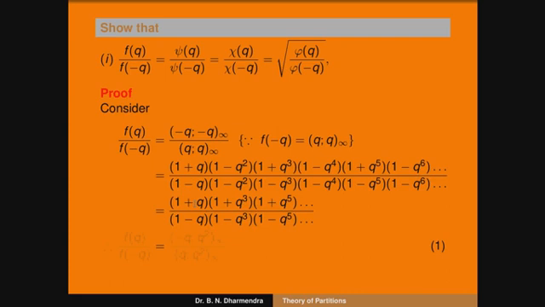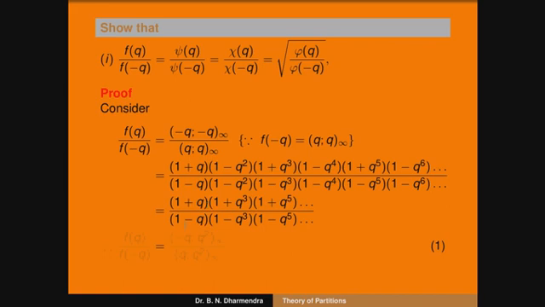So the very first term is minus q, and the base jumps to 2, because you can observe the power of q here is q to the power of 1, and here q to the power of 3. Their difference is 3 minus 1, that is 2. So therefore the base is q square. The first term is minus q and the base is q square, that is minus q, q square infinity.